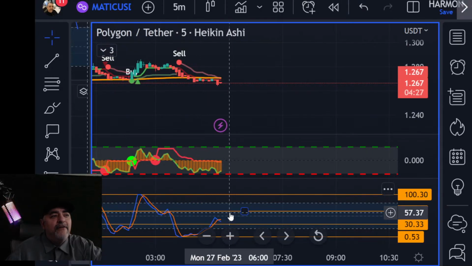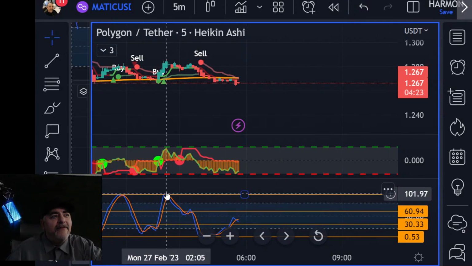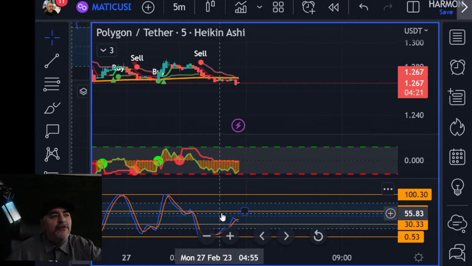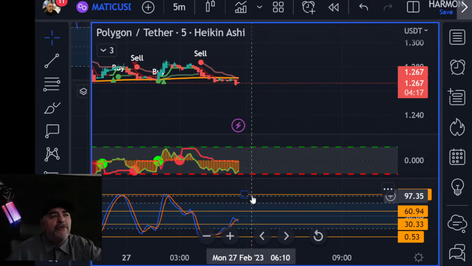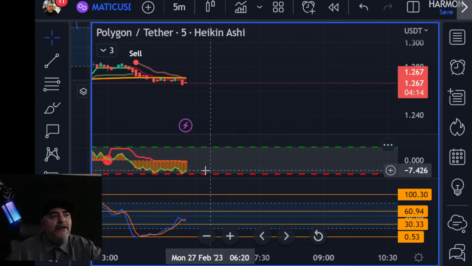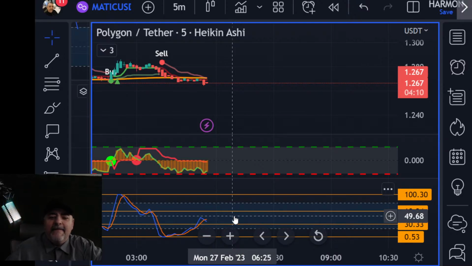The 5-minute is going to kind of struggle around a little bit like this, then it's going to push up. We'll have a nice little push up here on the 5-minute. And that's where I think I'm going to take my short, when the 5-minute goes back for its push and then breaks down. To me, that's the biggest key here, watching the 5-minute finish, and then we're going to be into a short into Matic.